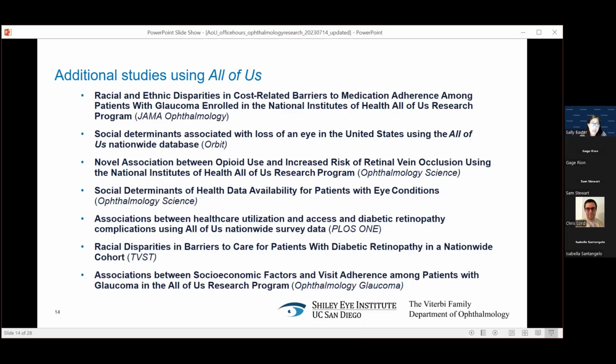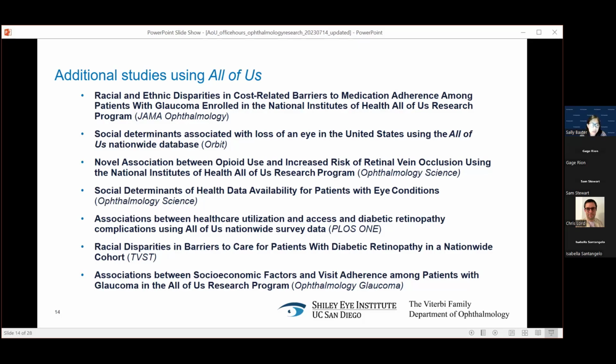And so again, because there are specific surveys around that in the All of Us database, that's another great way to get another dimension of information that's not necessarily available in claims databases or in other EHR data. So that's really been a focus of much of my work over the last couple of years.